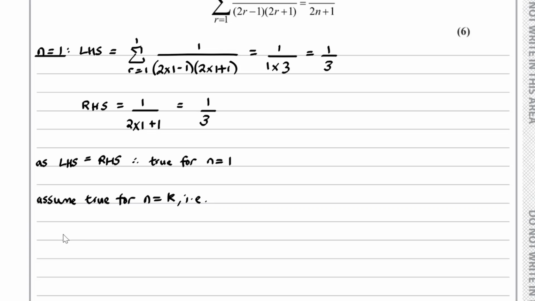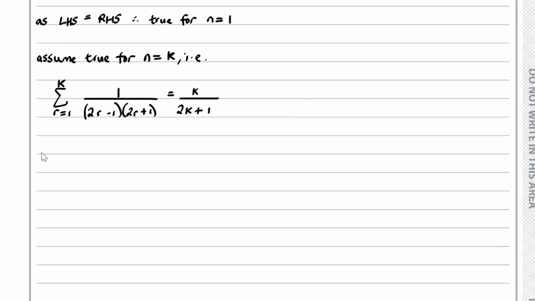In other words, the sum from r equals 1 to r equals k of 1 over 2r minus 1 lots of 2r plus 1, that's equal to k over 2k plus 1. And now for our inductive step, we can now see what happens for n equaling k plus 1.